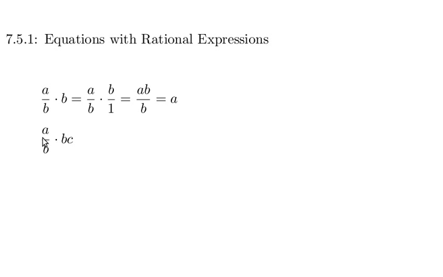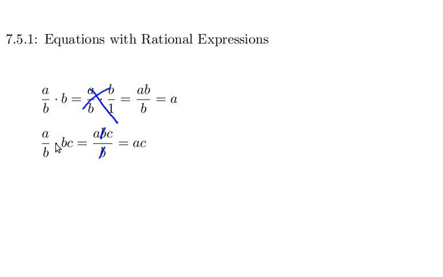I'm going to skip a step and go straight to abc over b. So now we have something we can cancel, b, and we get ac. Now, of course, ac is fundamentally different from a, but the thing that's really important to notice is that we no longer have a fraction.